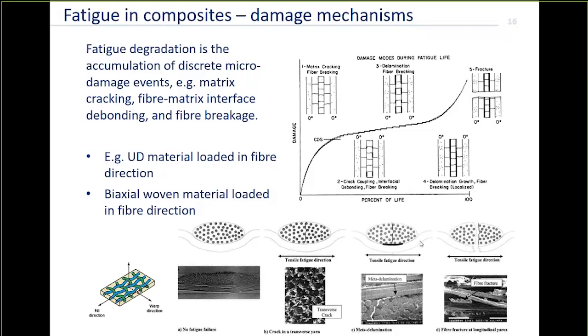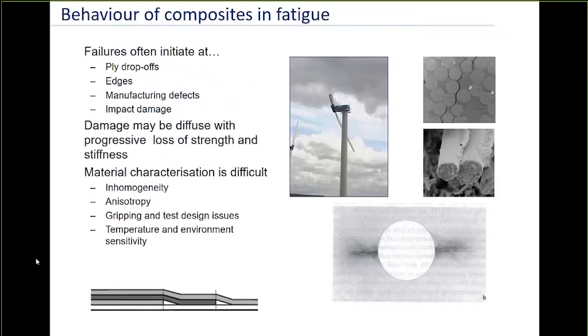So different types of material and different types of loading can generate different types of failure. The mechanisms are complicated and may have a number of different processes interacting, depending on the material, on the layup, on the manufacturing process, and so on.